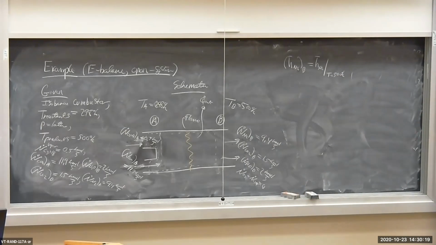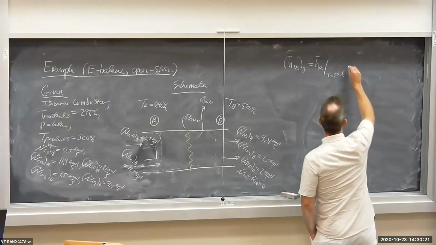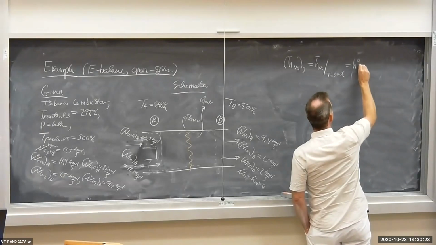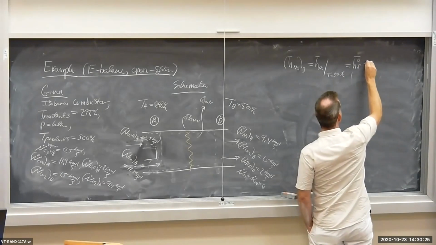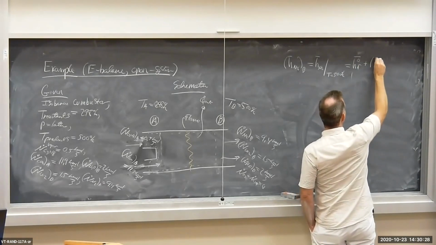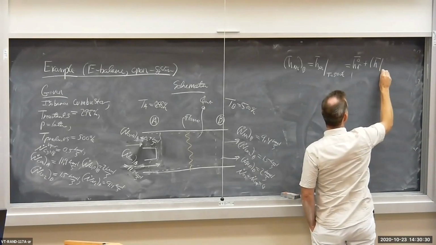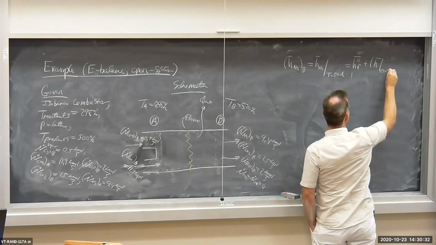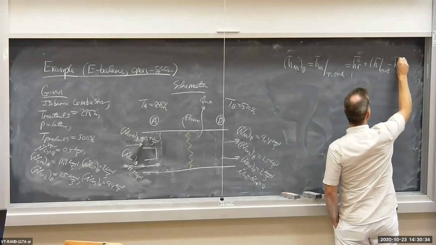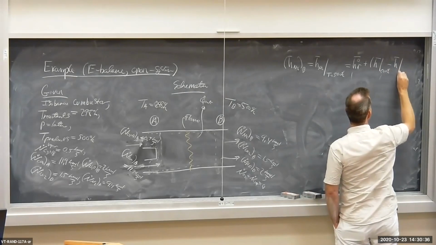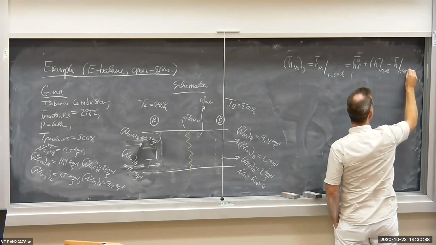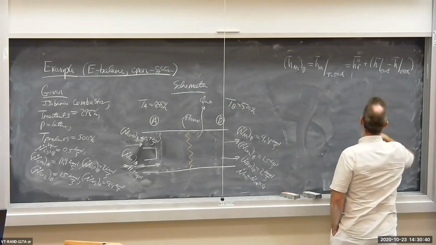That's going to be equal to the enthalpy of formation for the N2 plus H bar of the N2 at 500 degrees Kelvin minus H bar of the N2 evaluated at 298 degrees Kelvin, which is our reference temperature.